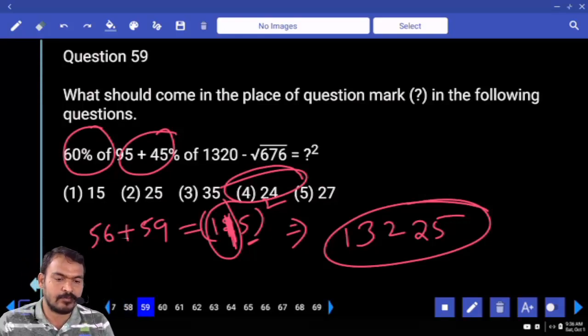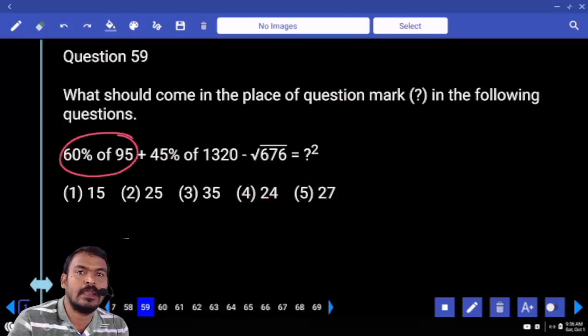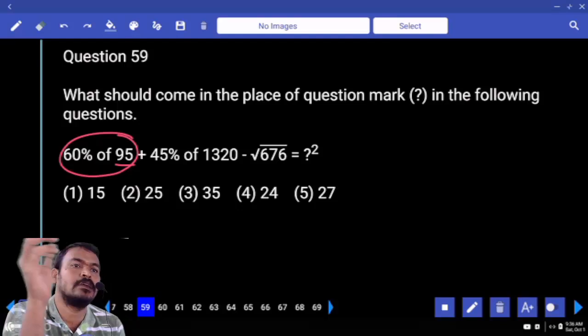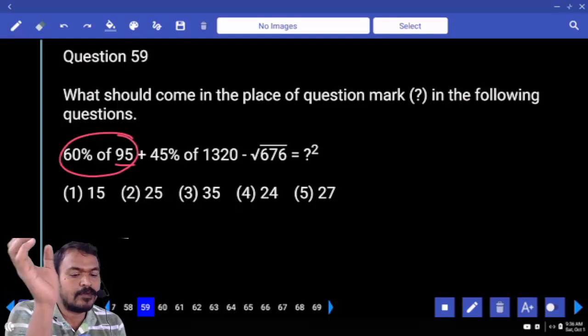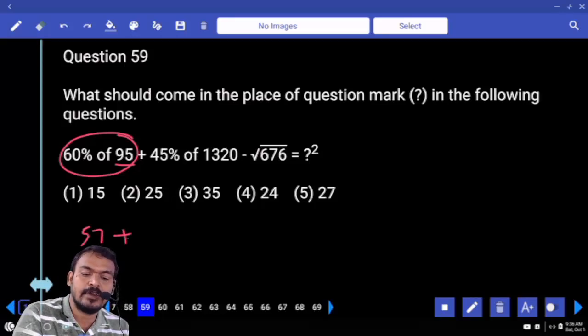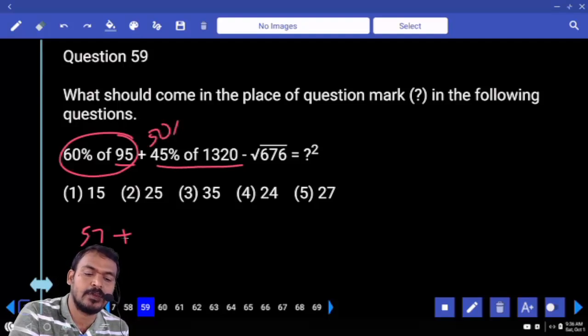Next, question number 59. First priority, 60% of which one? 95. What is the 10% of 95? 9.5. How many times do we need? 6 times or not? 6 9s are 54. 6 into half, 3. 54 plus 3, 57. Plus 45% of which one? 1320. 45% means we write 50% minus 5% or not?